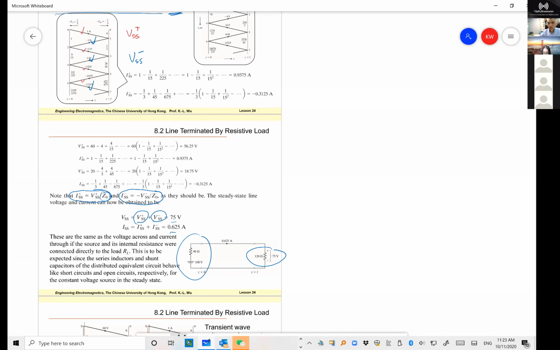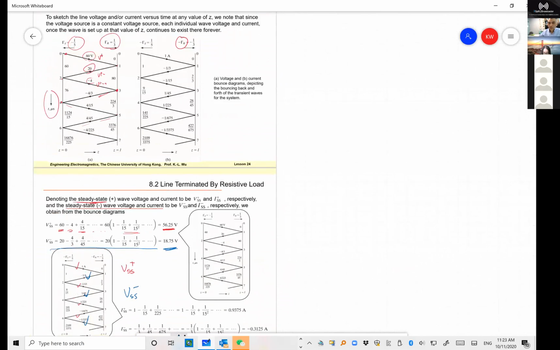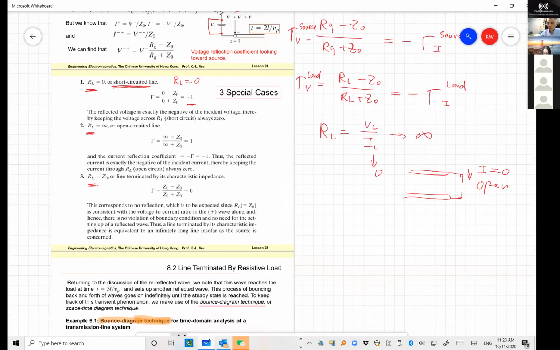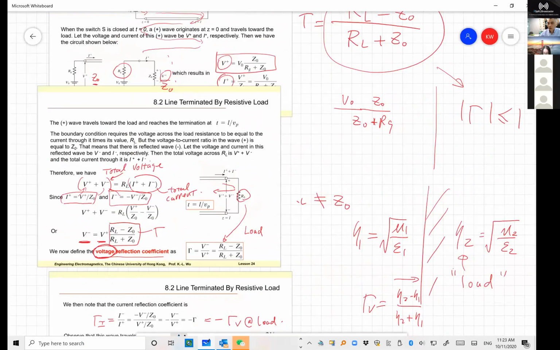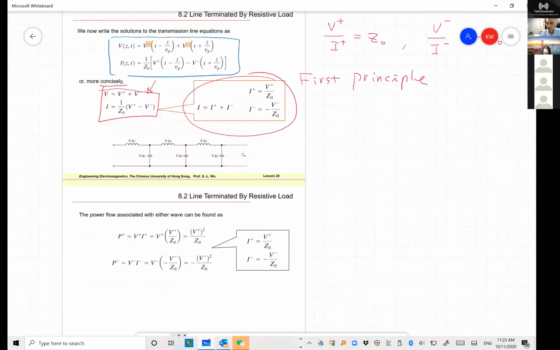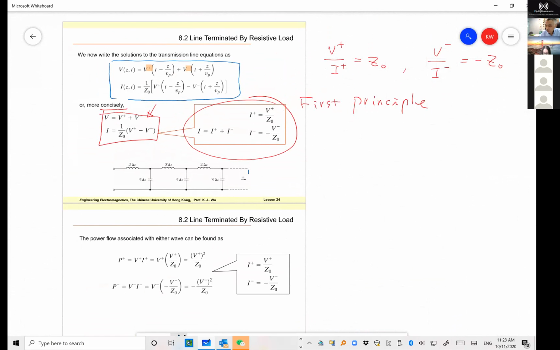Why is this? The reason is, if you look at the transmission line, I have a load and I have a source.